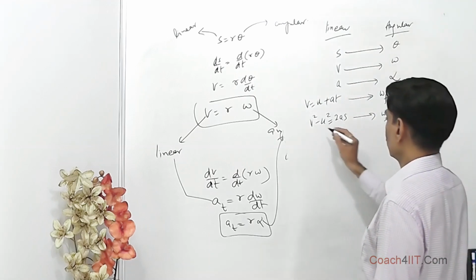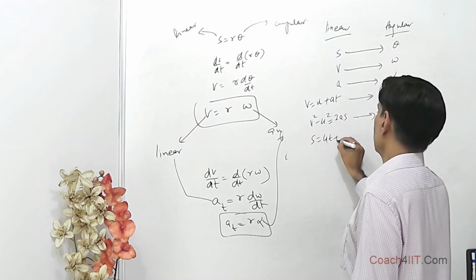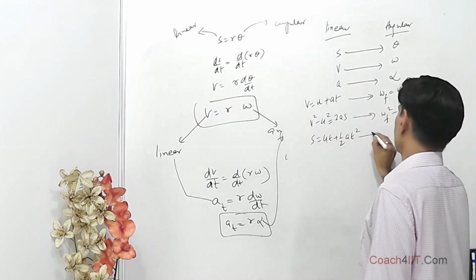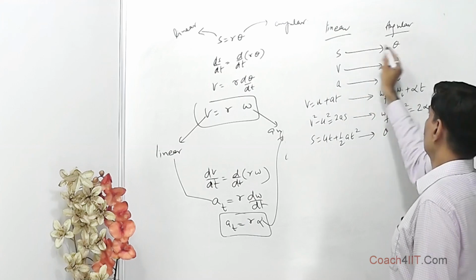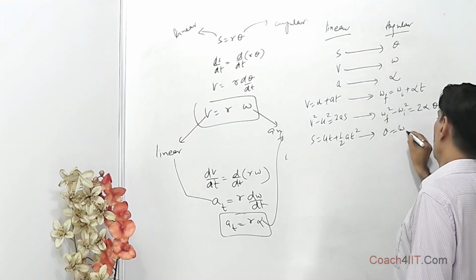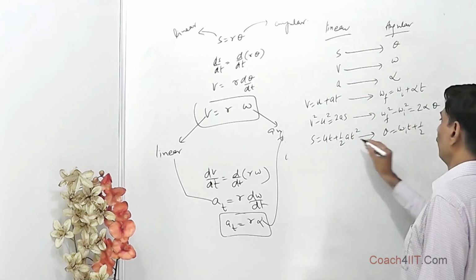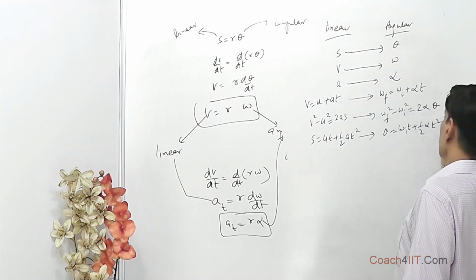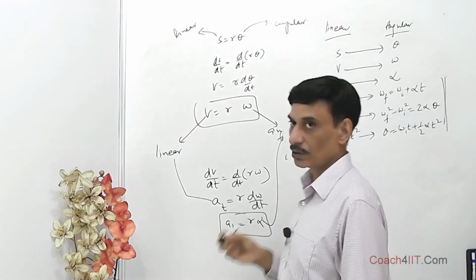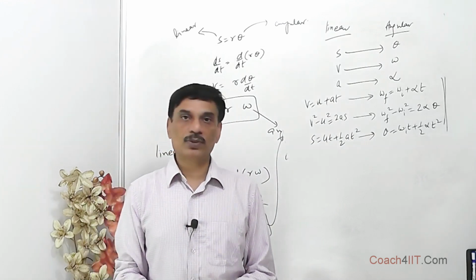Equations of kinematics. Then s is equal to ut plus half at square becomes theta is equal to omega initial t plus half alpha t square.